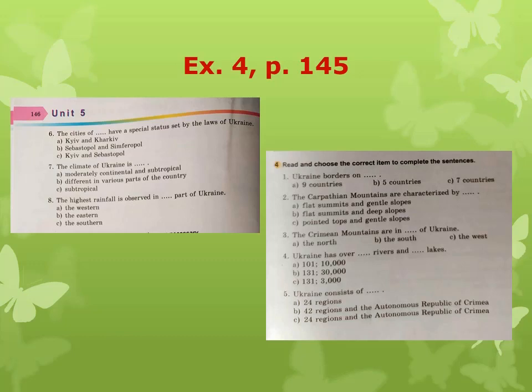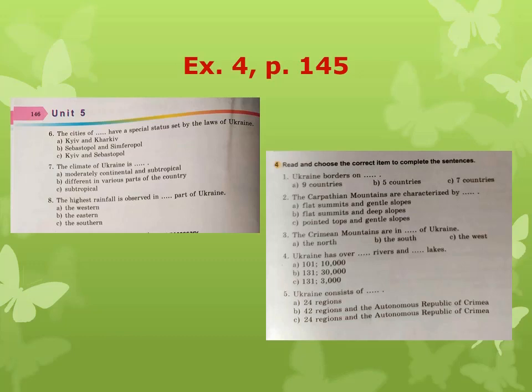6. The cities of A. Kiev and Kharkiv, B. Sebastopol and Simferopol, C. Kiev and Sebastopol have a special status set by the laws of Ukraine. 7.